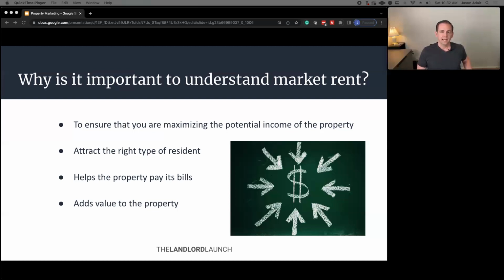And then of course it adds value to the property, because remember, income property is a lot of times evaluated on the amount of income it is pulling in, especially multifamily. Not as much on the single family, although that definitely comes into play when you're trying to sell it to an investor. But on the multifamily, especially, the more income you generate, the more the net income is, the more value you add to that property.